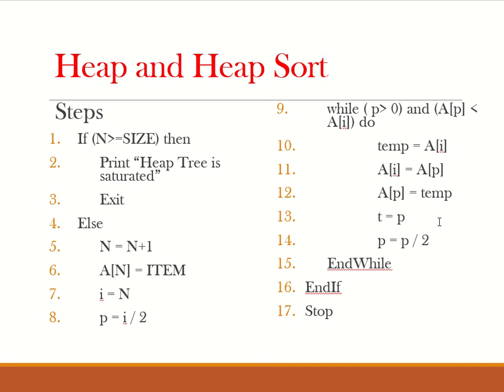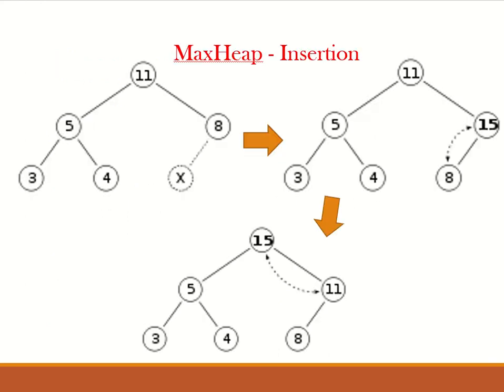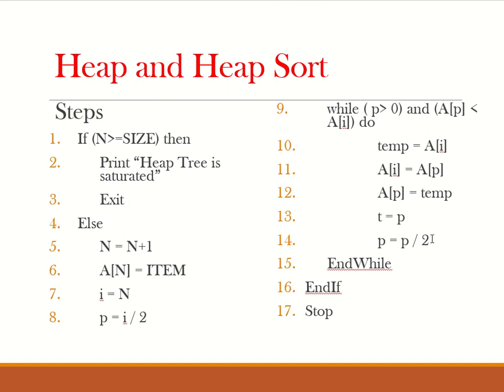Now you have to compare this element with the next level parent. So t is equal to p, and p is upgraded as p by 2. Just like in this example, we first compared 15 and 8, then we compared 15 and 11. That is why p is upgraded to p by 2.